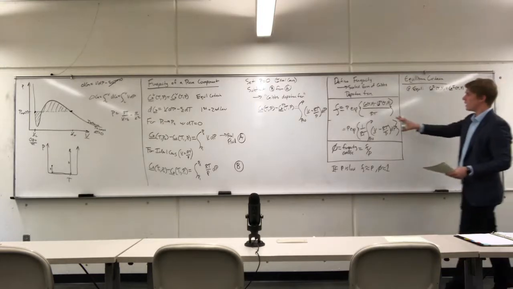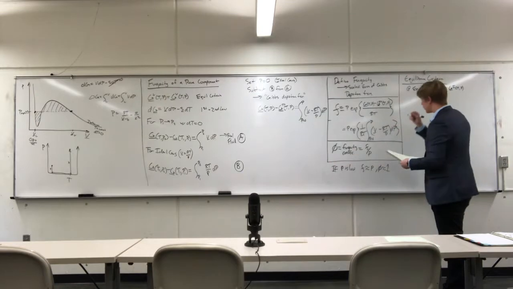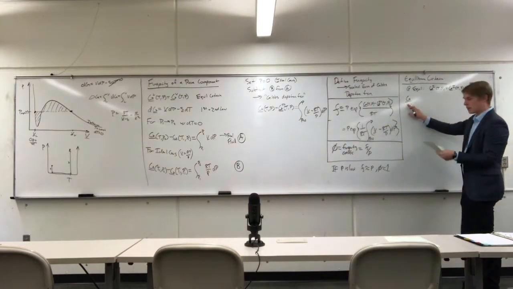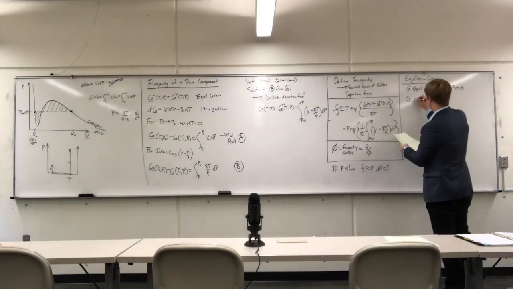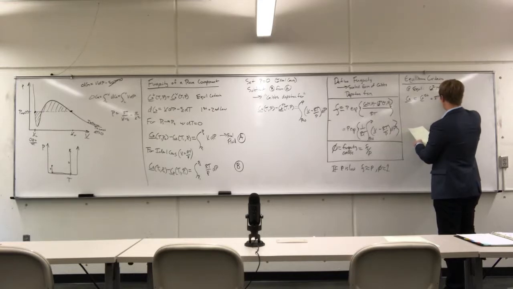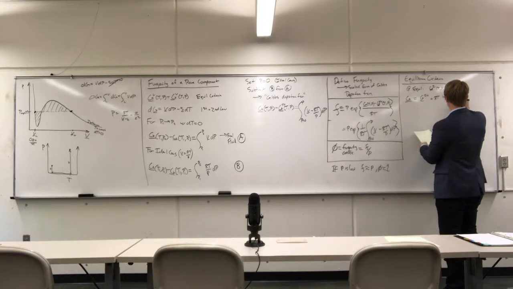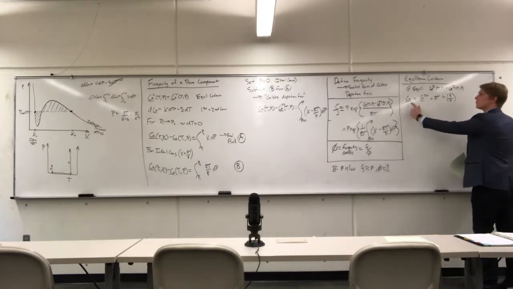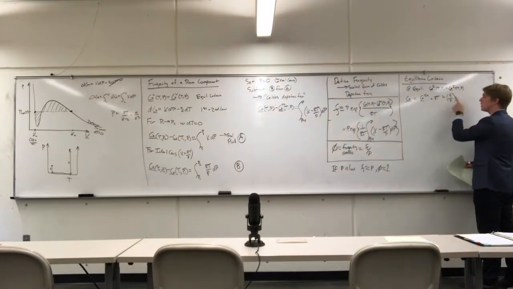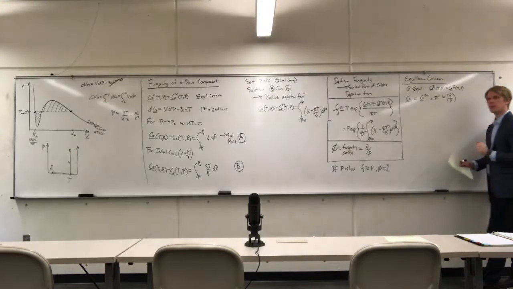So if we rearrange the definition of fugacity here, we can write that the Gibbs free energy can be extracted from the fugacity. Gibbs is a function of temperature and pressure. Ideal gas Gibbs is a function of temperature and pressure. Fugacity is a function of temperature and pressure. All of these are functions of temperature and pressure.